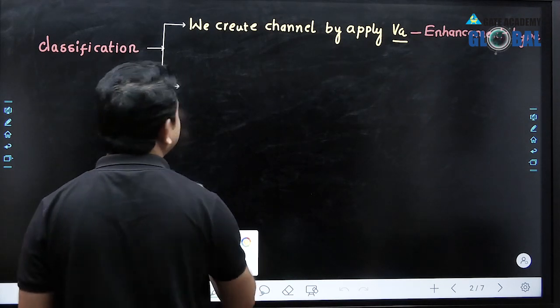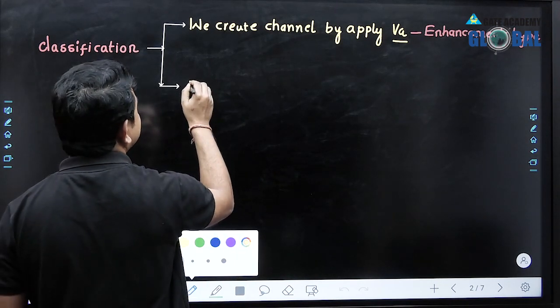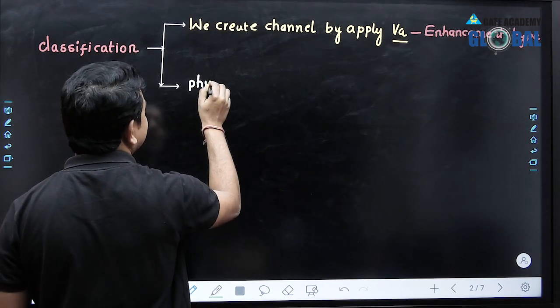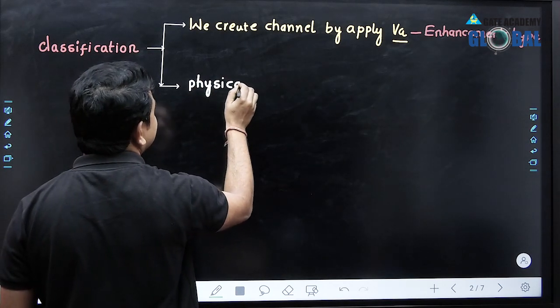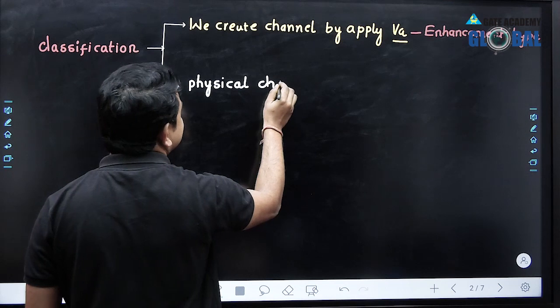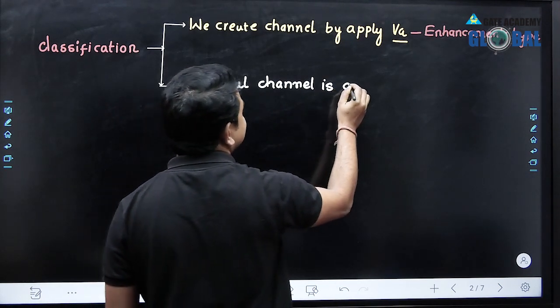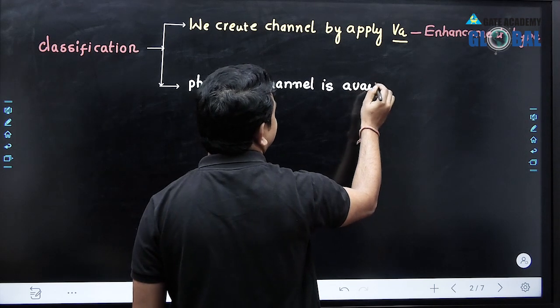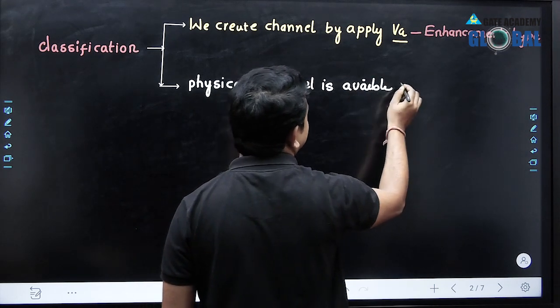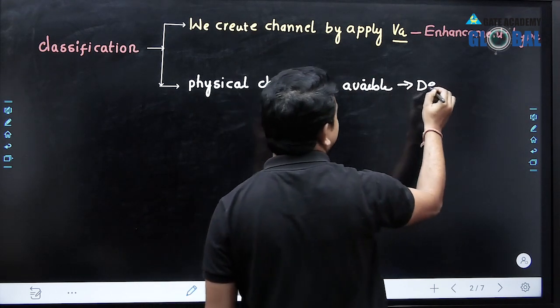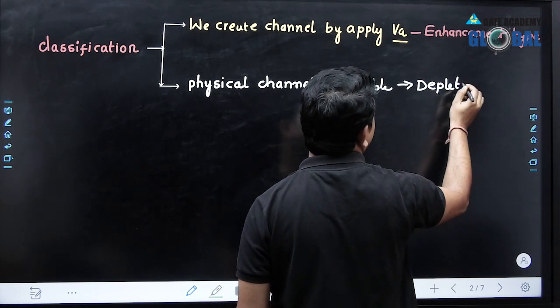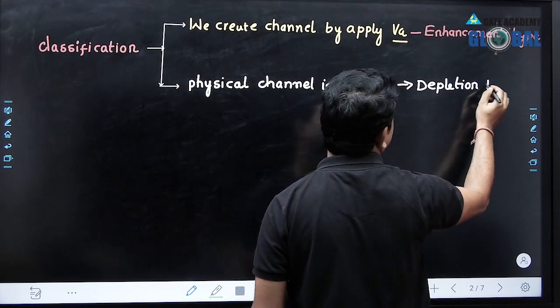So in depletion type MOSFET, we are not enhancing; the physical channel is available already, and channel means the conductive path, and this is known as the depletion type of MOSFET.